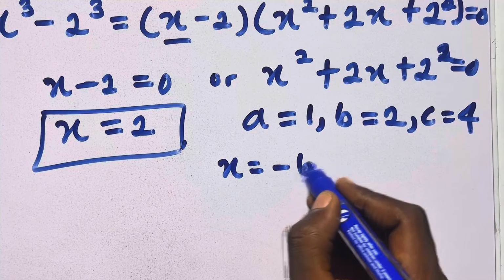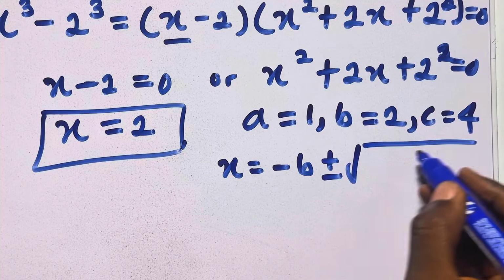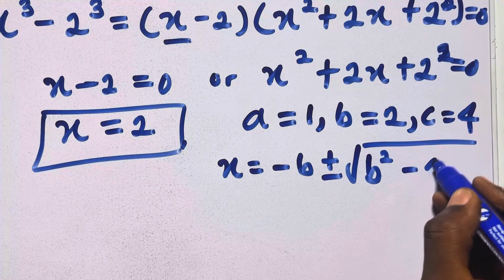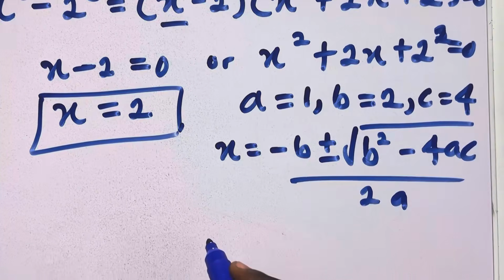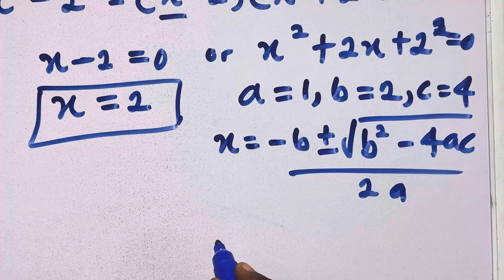Alright, so by applying the quadratic formula, we say our x equals minus b plus or minus square root of b squared minus 4ac, everything divided by 2a.